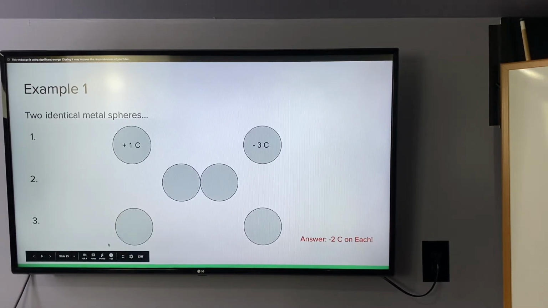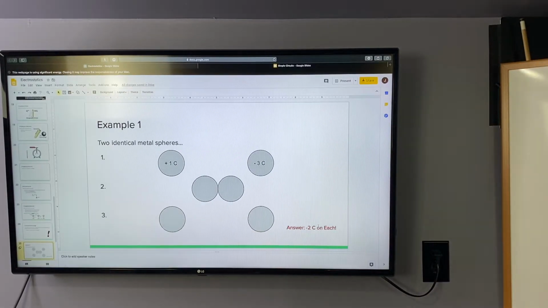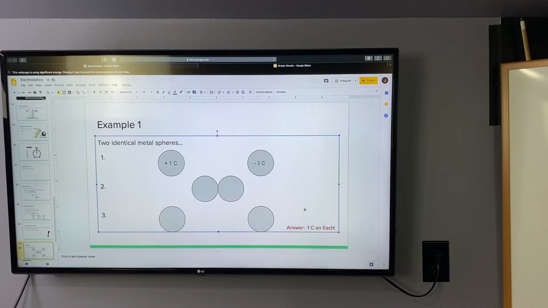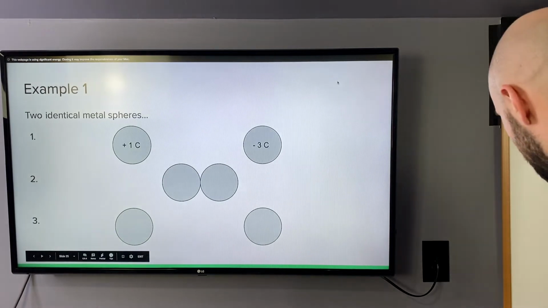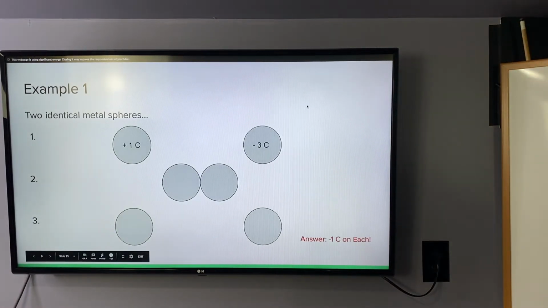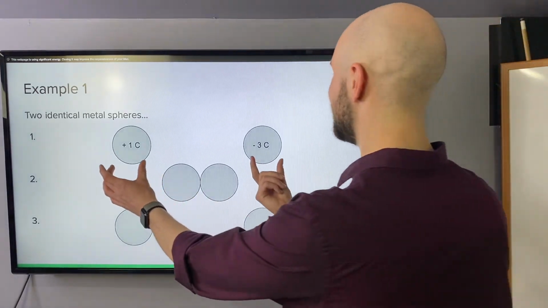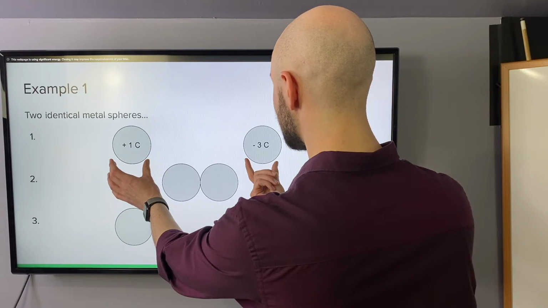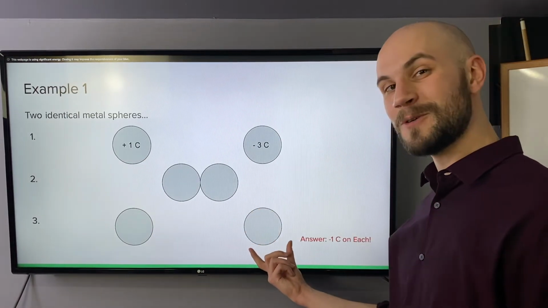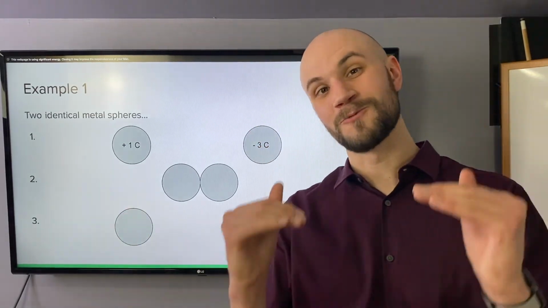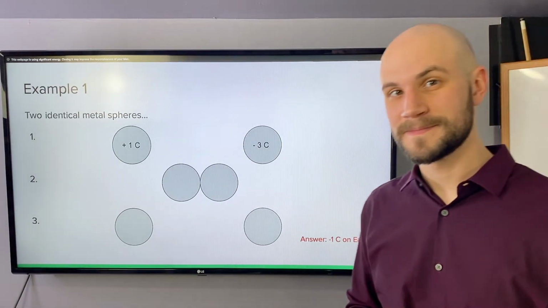Let me fix it. There we go. There should be a -1 Coulomb charge on each one of those spheres. Let me explain. There's -2 coulombs in the entire system. There still has to be -2 coulombs in the system, but this one will have a -1 Coulomb charge. This one will have a -1 Coulomb charge. They run till they're even, and the total charge in the system remains constant.